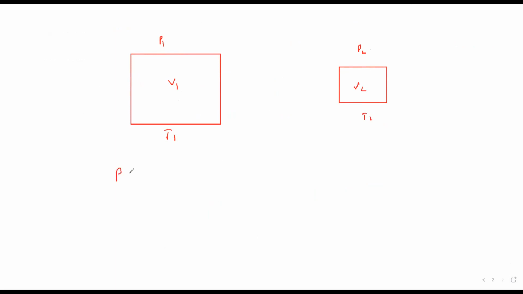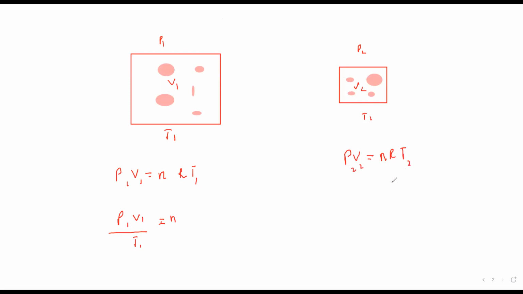PV equals nRT, so P1 V1 over T1 equals nR. n is the number of moles. If the number of gas particles does not change, the moles will not change, so they will have the same number of moles. And for the second, PV equals nRT, so P2 V2 divided by T2 equals nR.